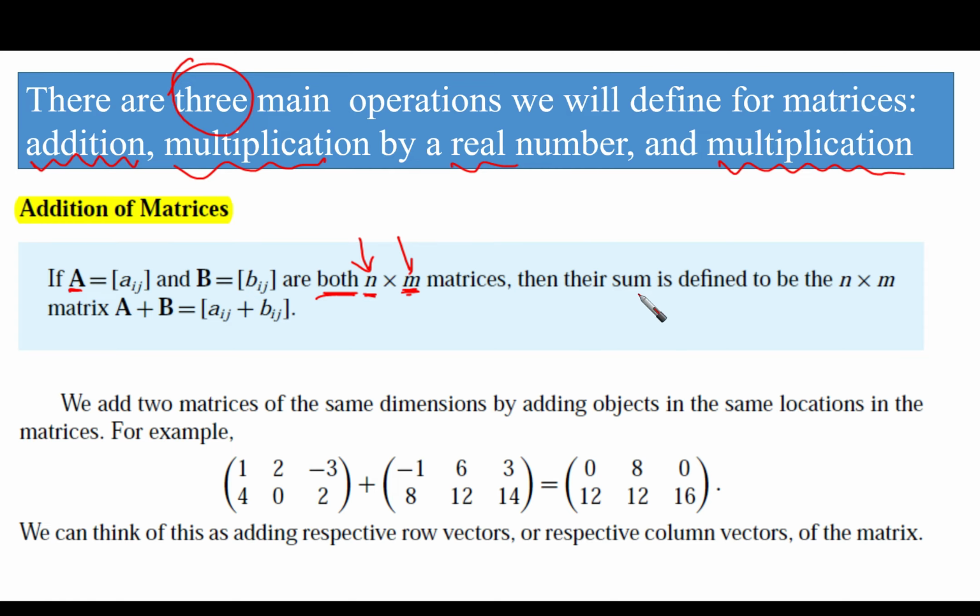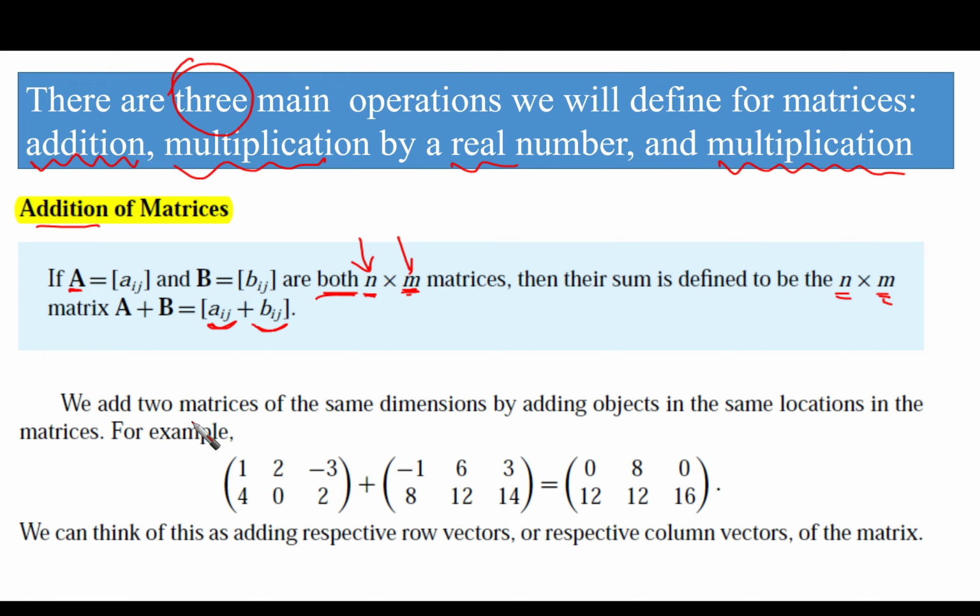Then their sum is defined to be the n by m matrix A plus B, whose element is the element of matrix A at row i and column j plus the element in matrix B at the same row i and the same column j. That's the meaning of the addition of matrices.